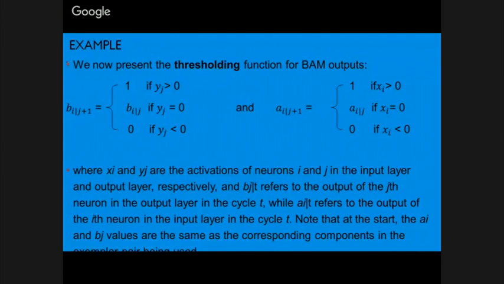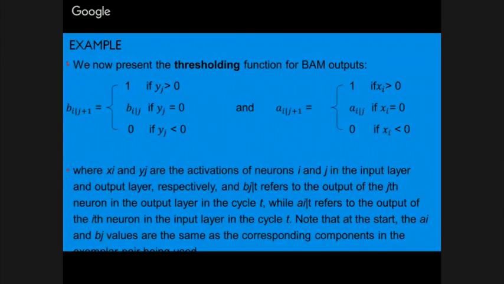So now we have defined 3 things. The output of the neuron will be 1 if activation is more than 0. It will be 0 if the activation is less than 0. But if the activation is 0, then it will remain unchanged. Whatever it was, it will remain the same.